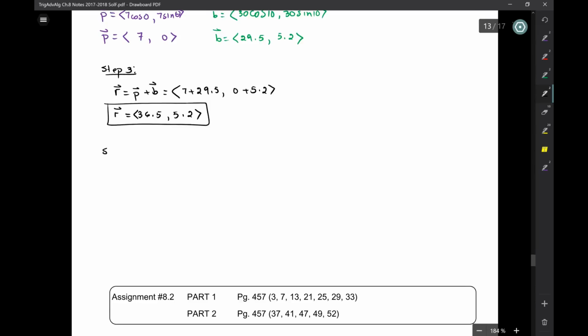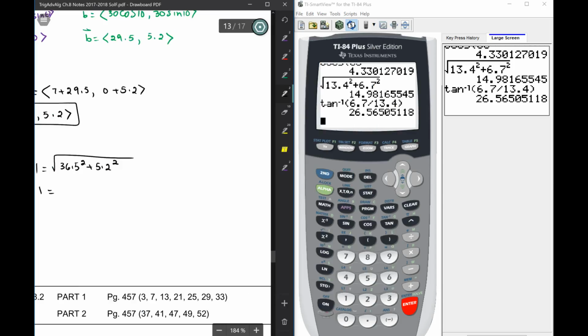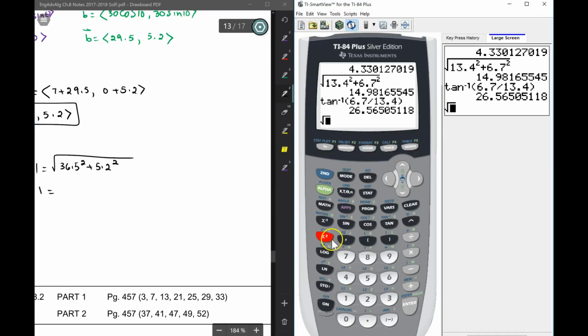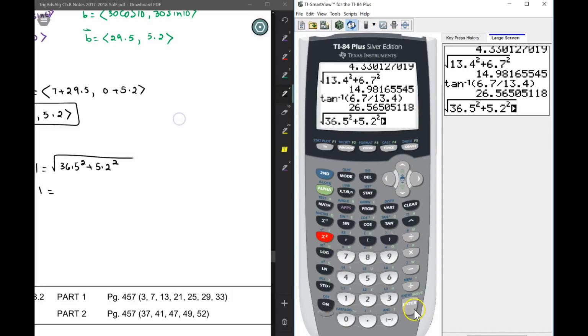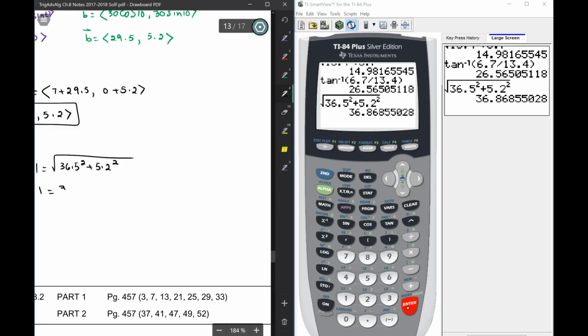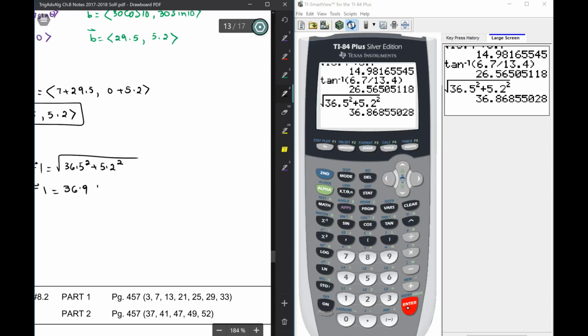Now, step 4, find the magnitude. That's the square root of 36.5 squared plus 5.2 squared, 36.9. Are there units to this? Meters per second.